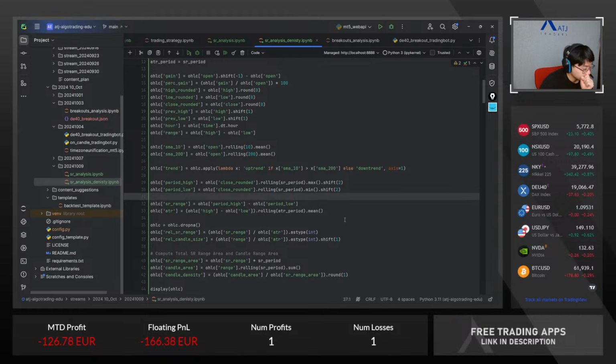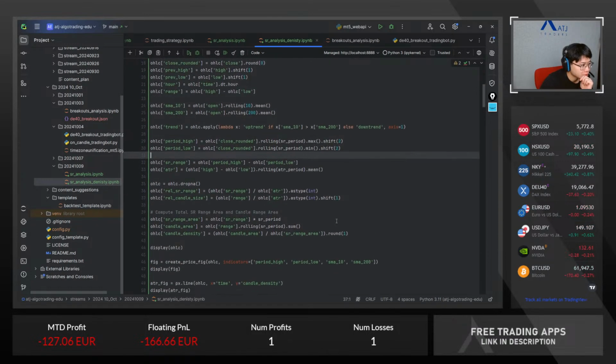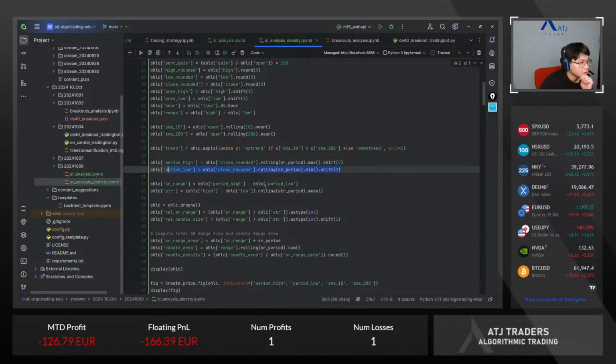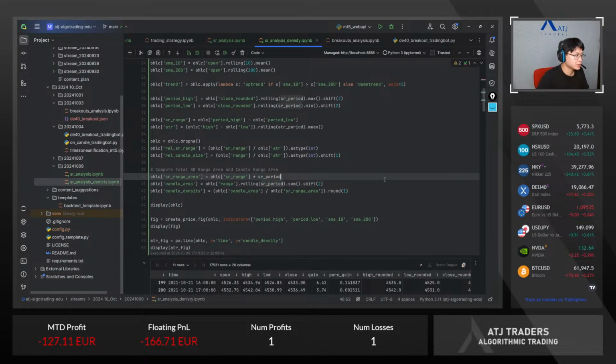So again, guys, it might be very confusing to you, but once I figure it out myself, I will then make a simple backtest that you guys can later understand. But right now I'm just experimenting with different values to see what works and what doesn't. Because the period high and low is shifted by 2, maybe I should also shift these values by 2. And maybe I'll get better results.